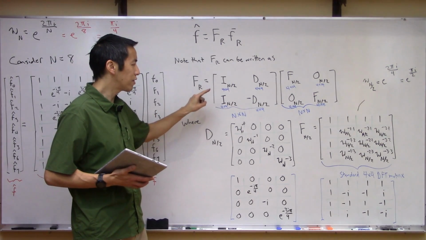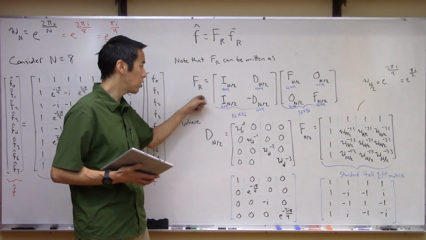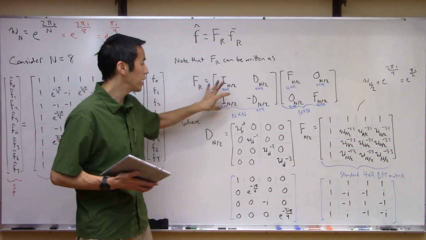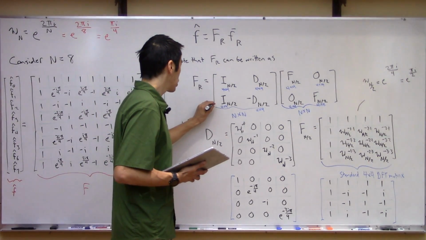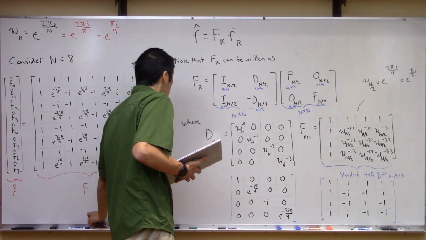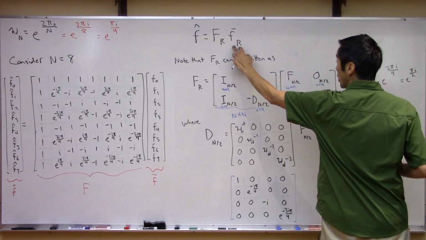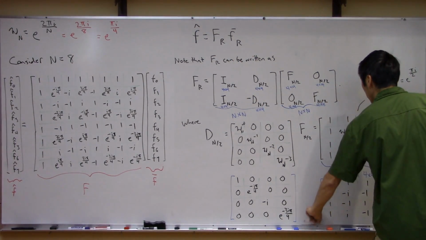But I want to stare at this equation and think about its ramifications. If it is true that F_R can be written as the product of these two matrices, look at what actually ends up happening. We are going to multiply F_R, the reordered samples on this side. Let me do this in a fast and loose fashion.